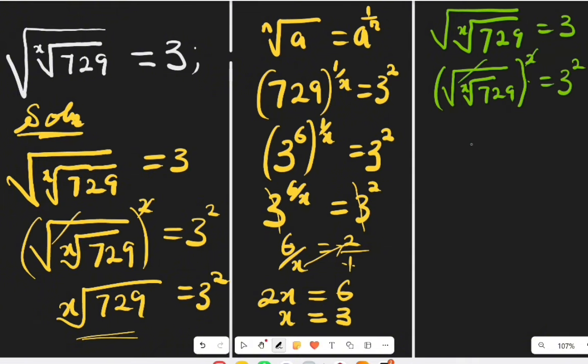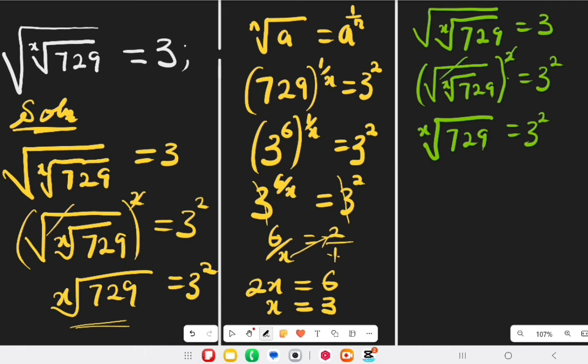Square, we cancel square root, left with the x-th root of 729 equals to 3 raised to the power of 2. Now we have to raise the two sides to the power of x, which is the x-th root of 729 all raised to the power of x equal to 3 squared all raised to the power of x.